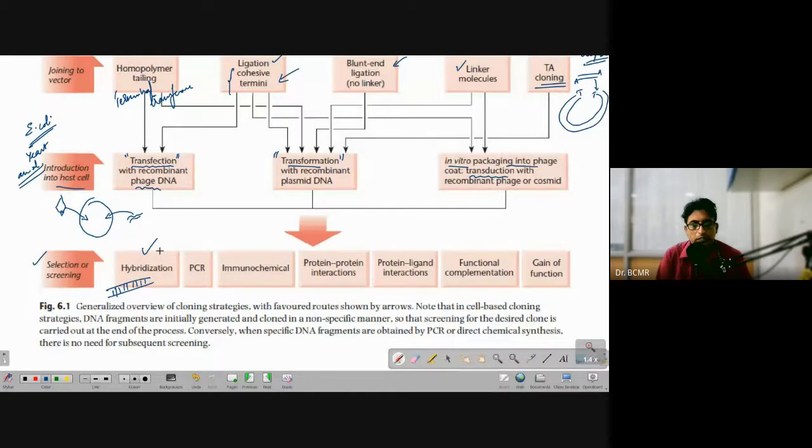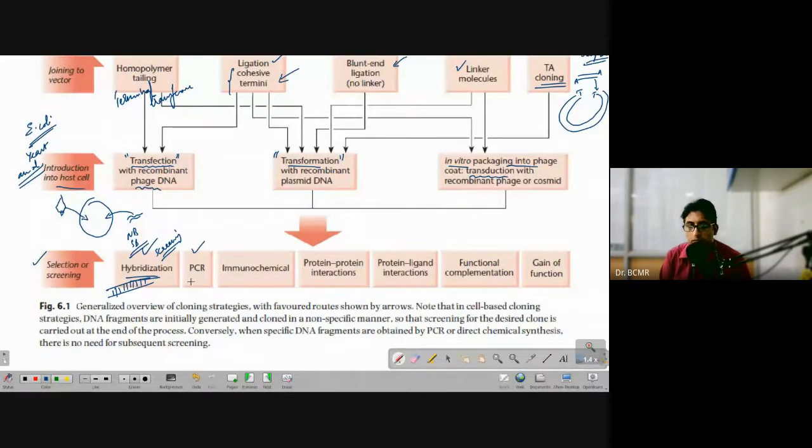If you look at northern blotting or southern blotting, we have used hybridization. The probes are nucleic acids, and we are trying to figure out nucleic acids by hybridization. Hybridization is a screening method here, right?